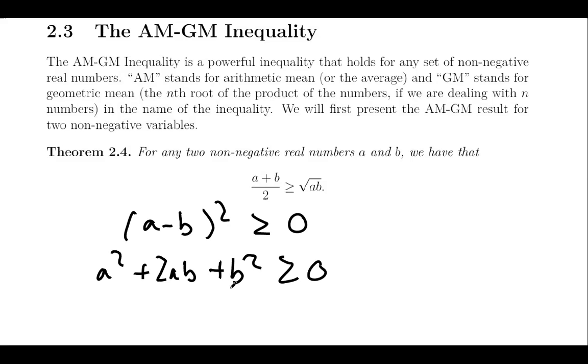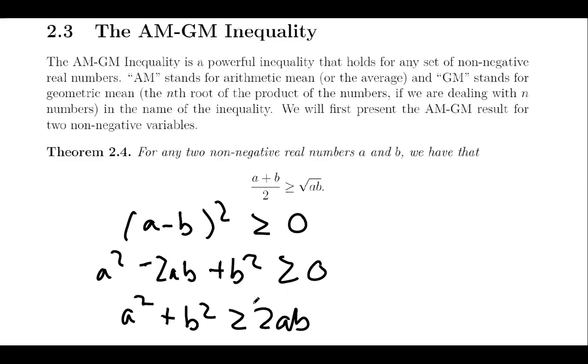Right, so if we expand it out, we have the greater than or equal to 0 here. And this is supposed to be a minus sign, sorry. Okay, and then a squared plus b squared is greater than or equal to 2ab.